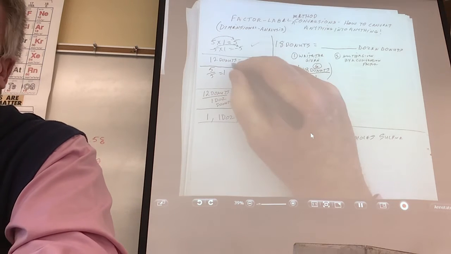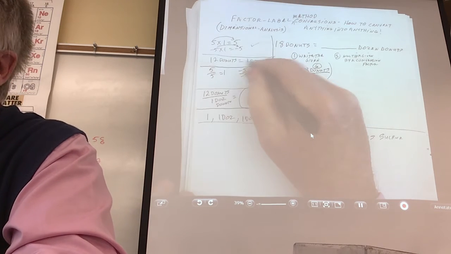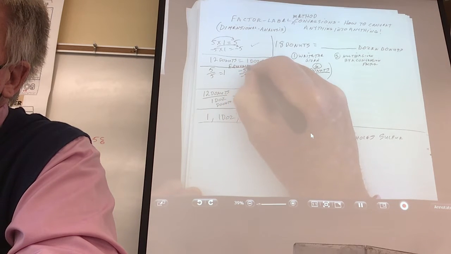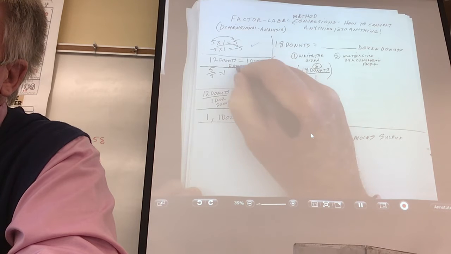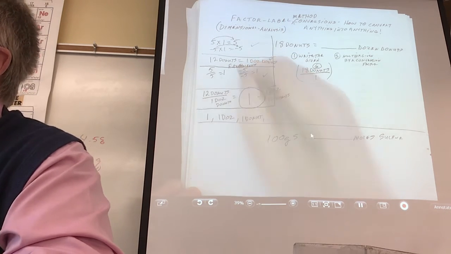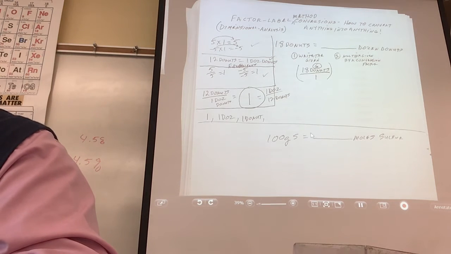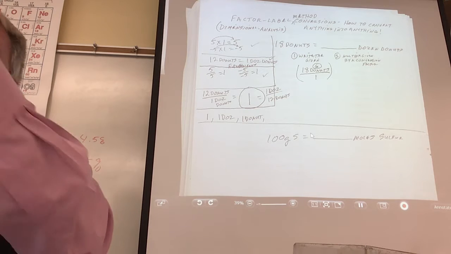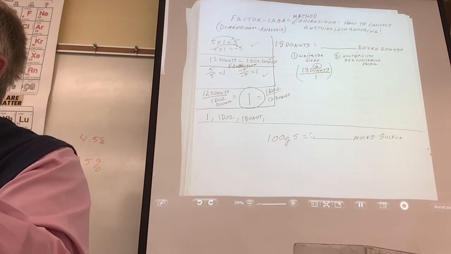We have a fancy word for things that are equal to each other. They are called equivalents. What are equivalents? Things that equal each other. 3 feet equals 1 yard. They're equivalents, aren't they?